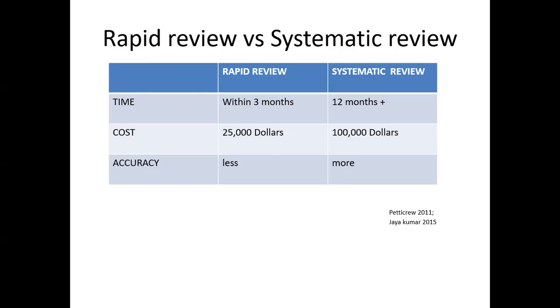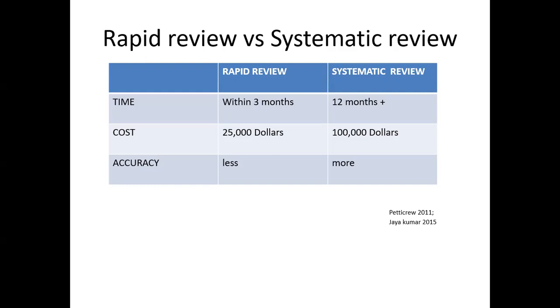Okay. Another parameter that makes a difference between the two is cost. To produce a rapid review, you need $25,000, in Canadian dollars. But for a systematic review, you need 4 times the same amount. So the decision makers, they prefer, especially, they prefer you as a researcher to produce a rapid review.